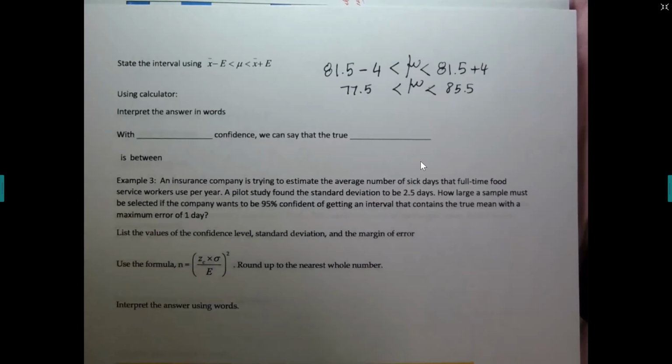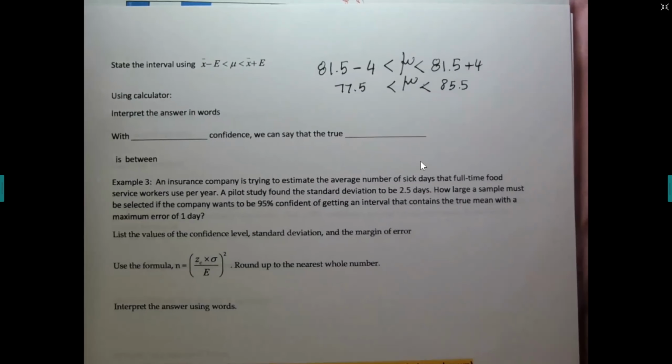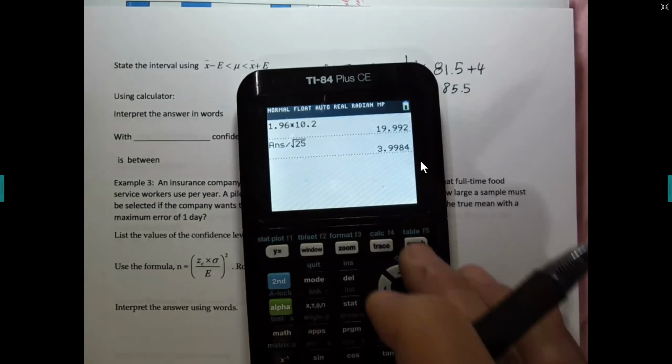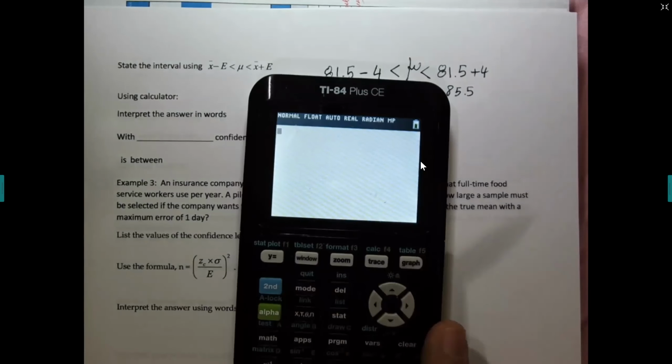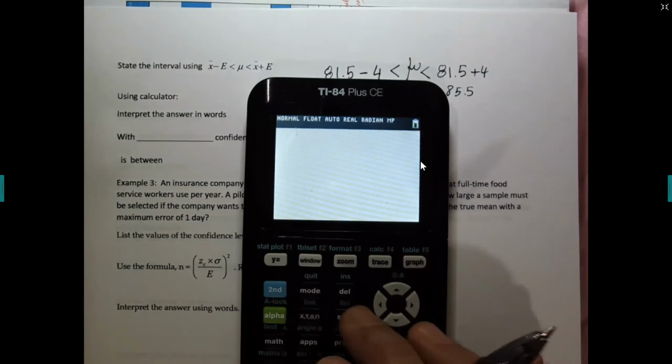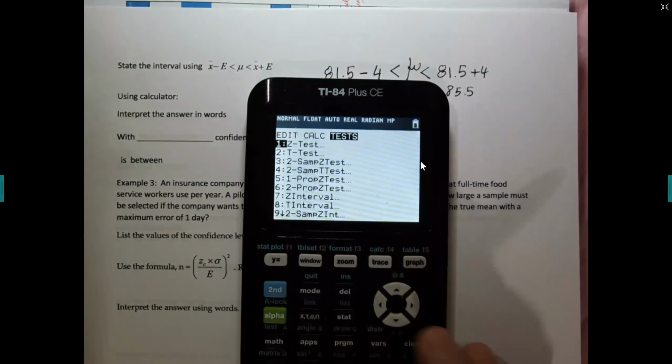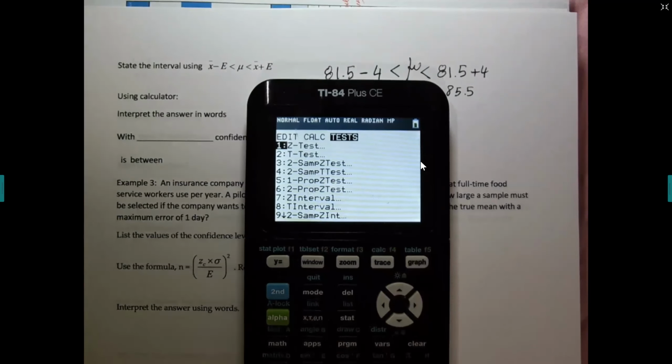Using the calculator. Let's do the calculator now. Stat, tests. The challenge of using the calculator is the following, guys. It's very easy if you know which test to pick. But if you pick the wrong test on the calculator, you're going to get the wrong output.